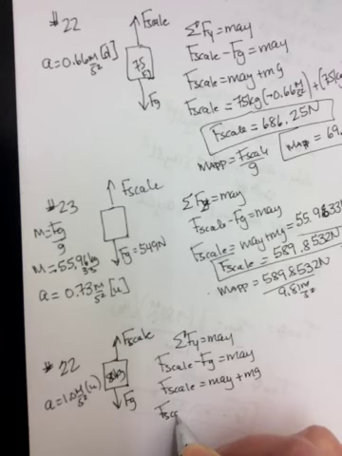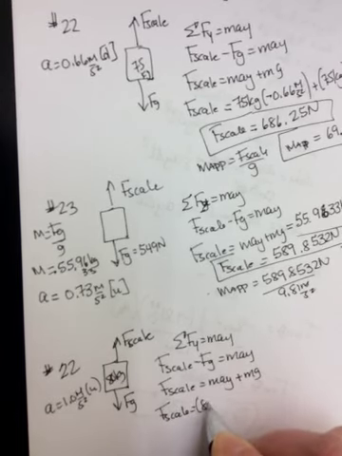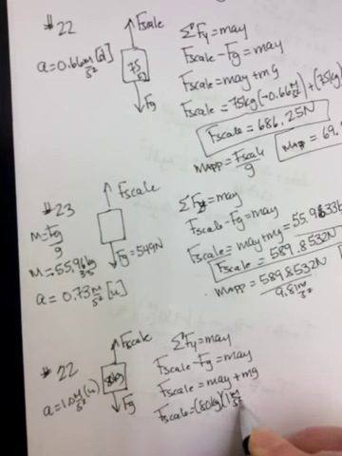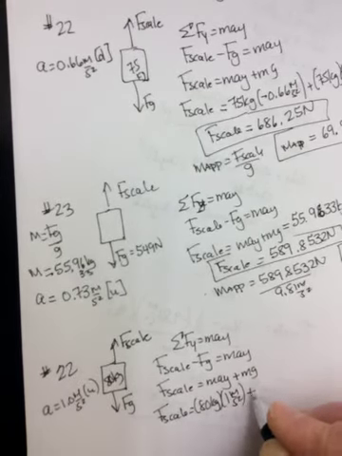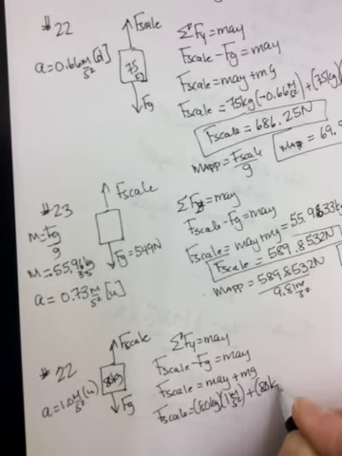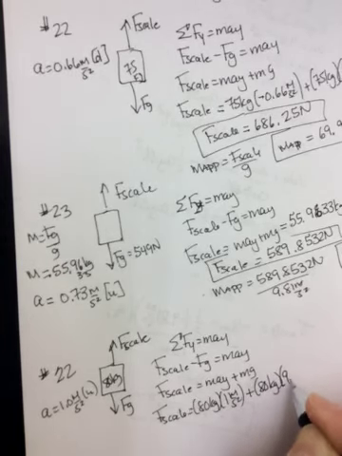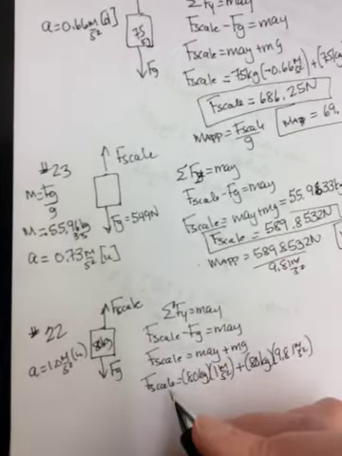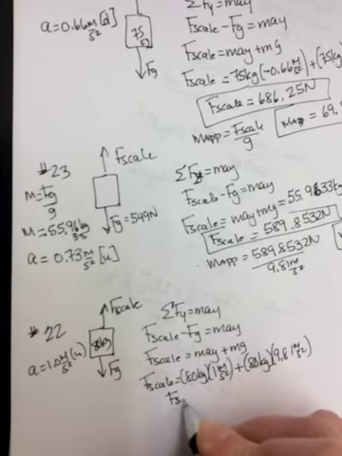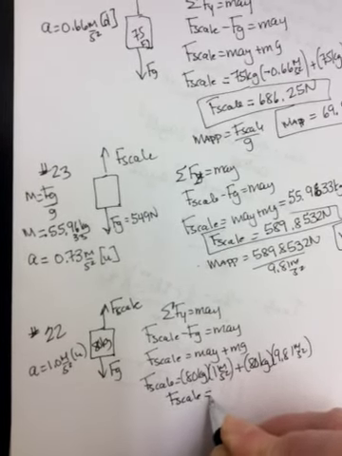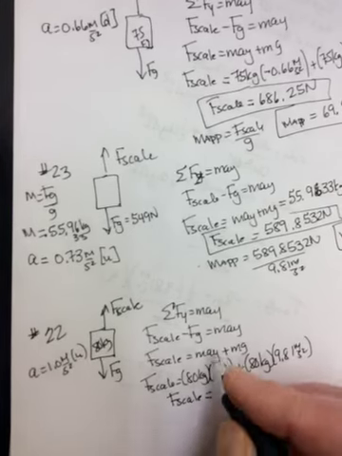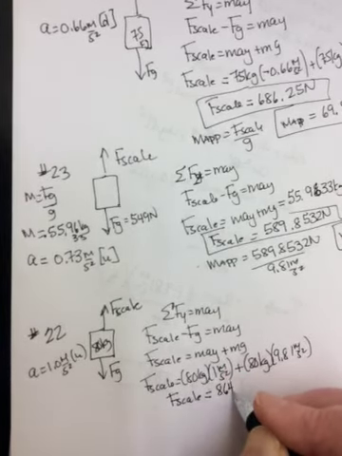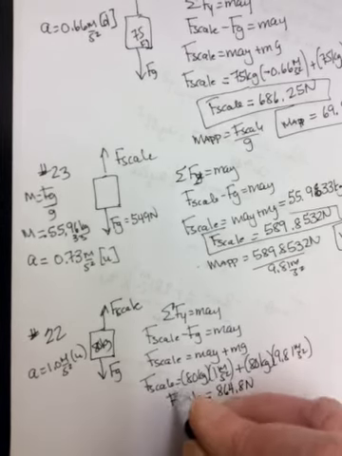So F scale will equal 80 kilograms times 1 meter per second squared. That's about 80 newtons plus 80 kilograms times 9.81 meters per second squared. So that's like 10 times 80. So F scale ends up being 864.8 newtons.